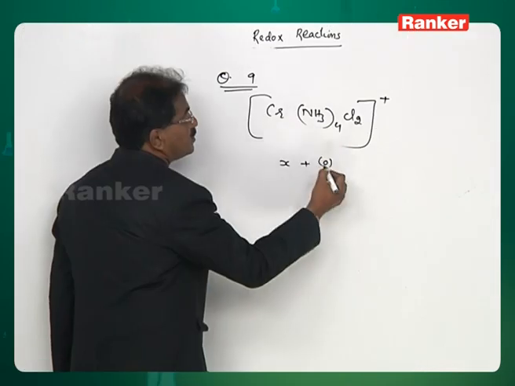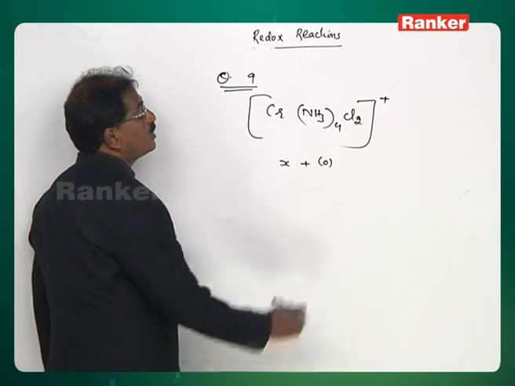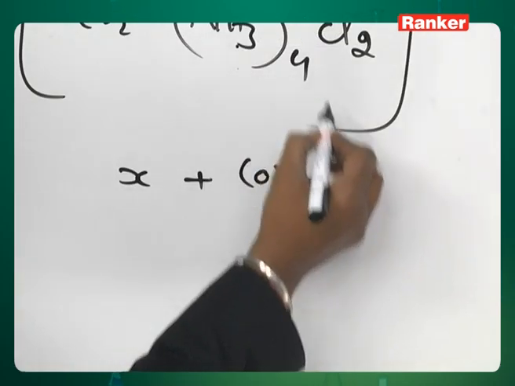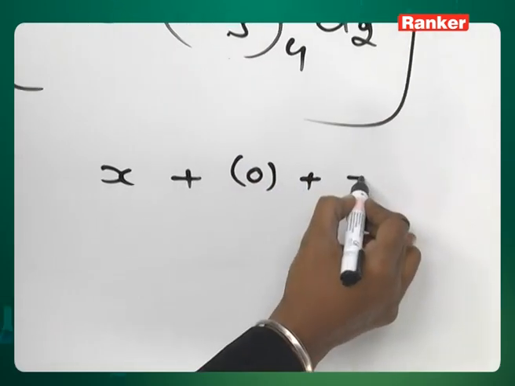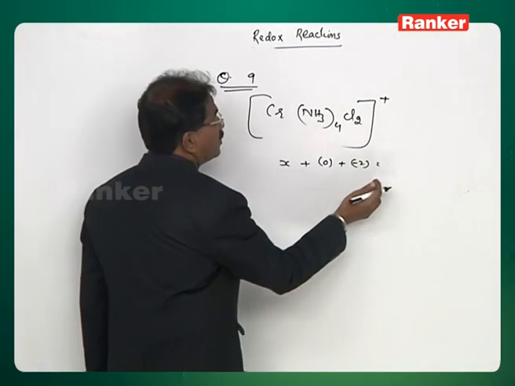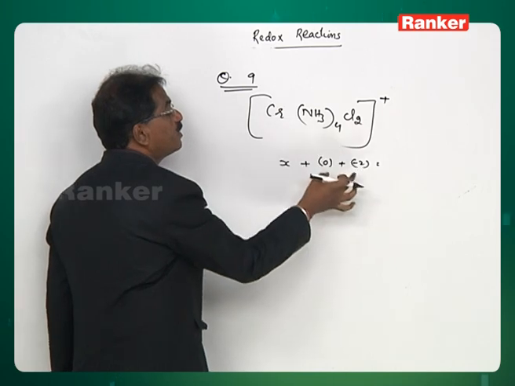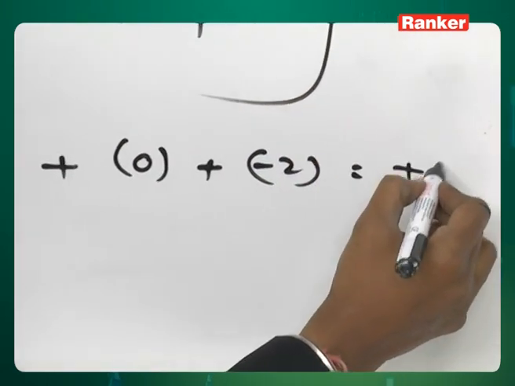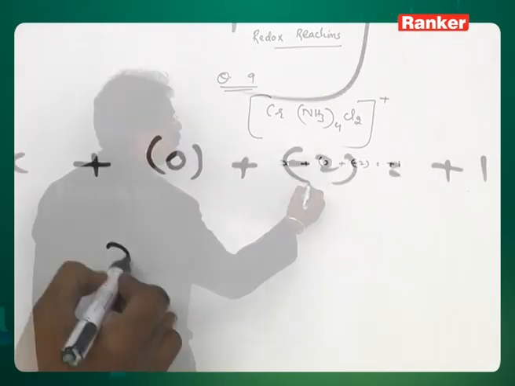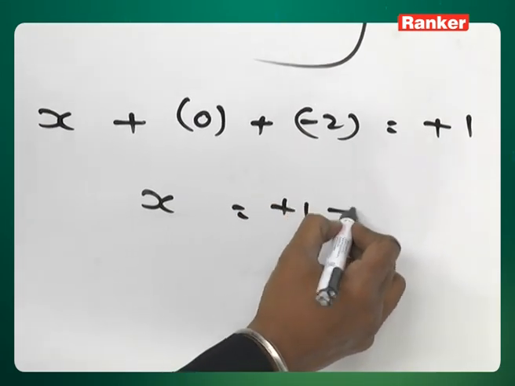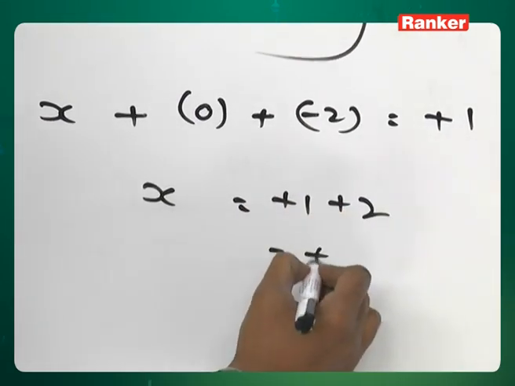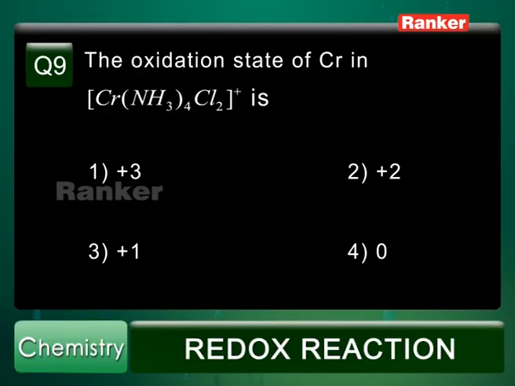Therefore, the oxidation state of ammonia is 0. Next, chlorine is -1, and 2 chlorine atoms are there, so -2. The sum of the oxidation states of all species in the coordination sphere is equal to the charge shown over the coordination sphere. Therefore, X is equal to +1, plus 2, therefore +3. So the answer is 1.